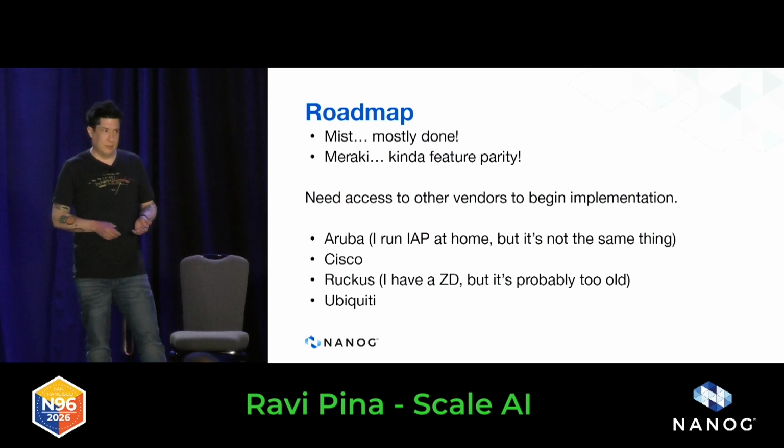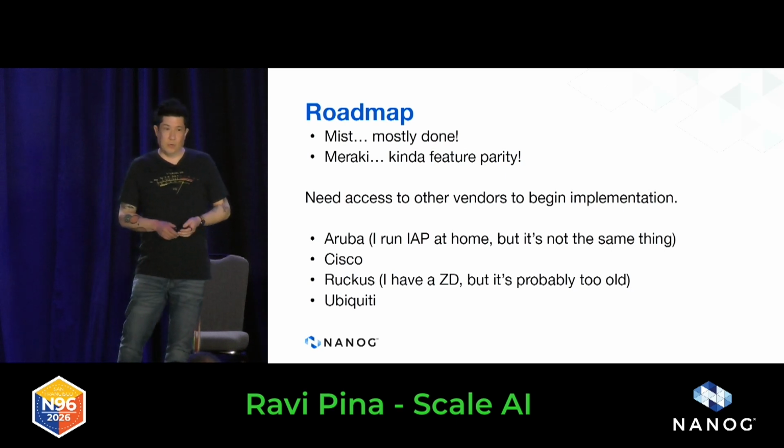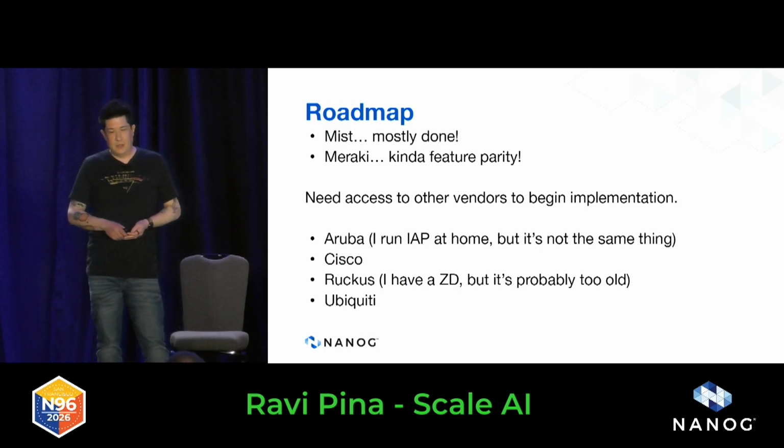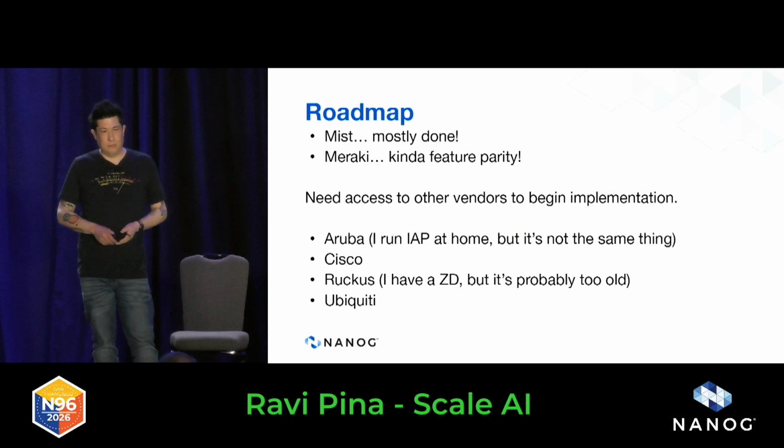I do run Aruba as my actual home network, but they're just IAPs, so I don't really have access to whatever Aruba is calling their infrastructure these days. And then Meraki, through Scale, I was able to get a couple APs to create that true multi-vendor support.